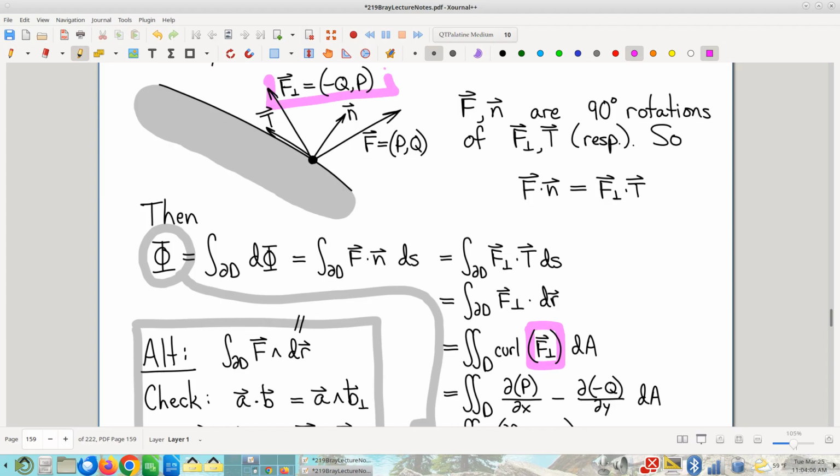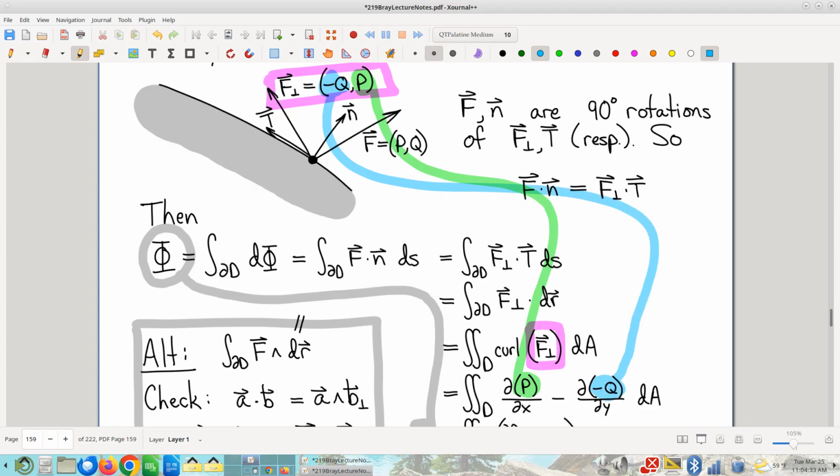The result of having rotated f, not f, the result of having rotated f. And so with this in mind, let's see here, x partial of the second coordinate, that second coordinate is P, minus then the y partial of the first coordinate, and that first coordinate is minus Q. Is everybody good with that?